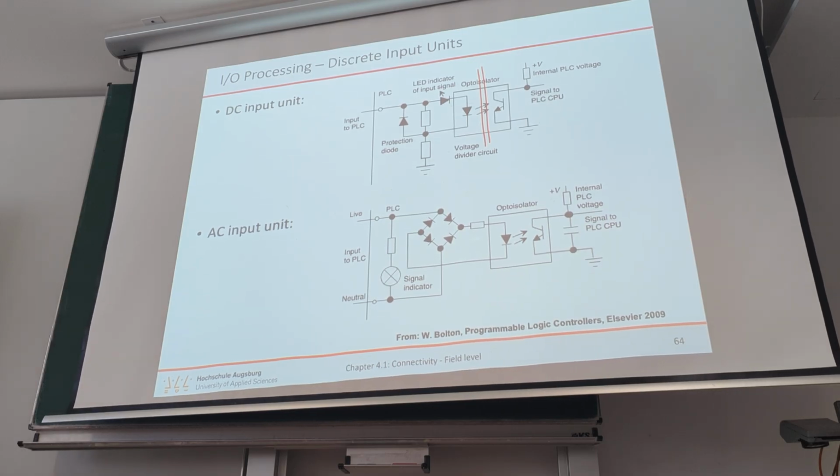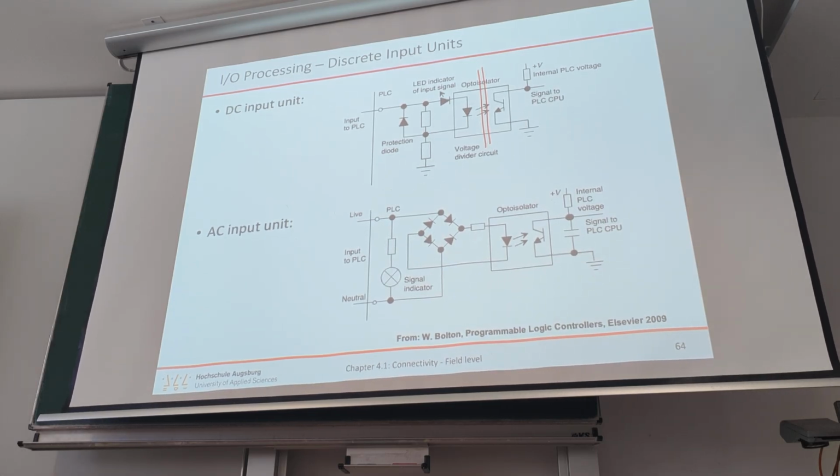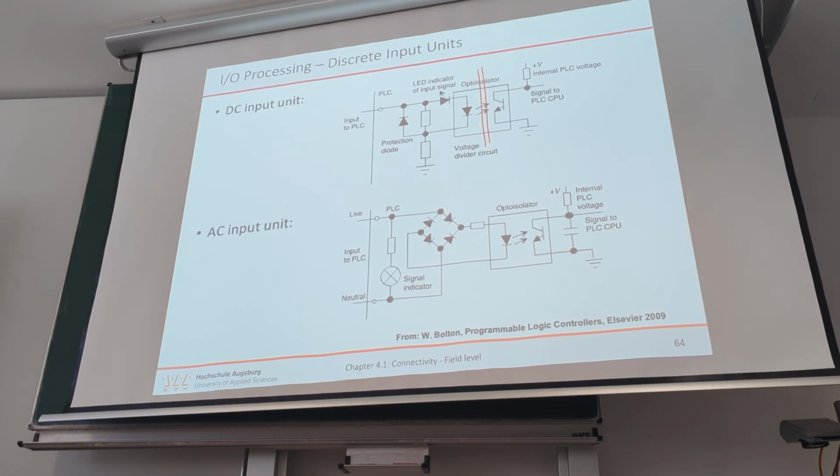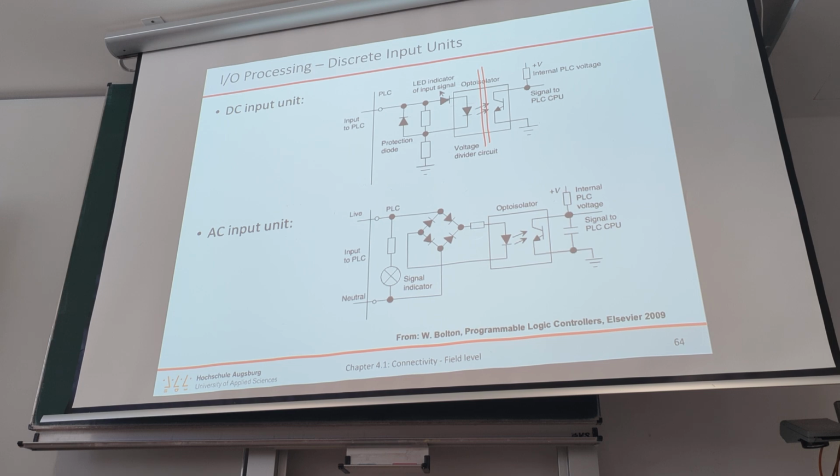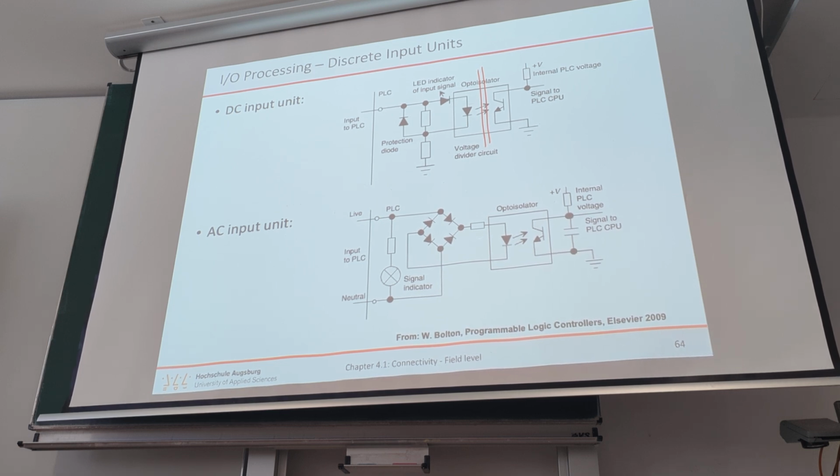That is also the most expensive component in the I/O parts, because for each and every channel you have to have these opto-couplers. They're still cheap, but compared to resistors and LEDs, they're kind of expensive. And then you have the isolated signal, and that is then passed to the PLC.